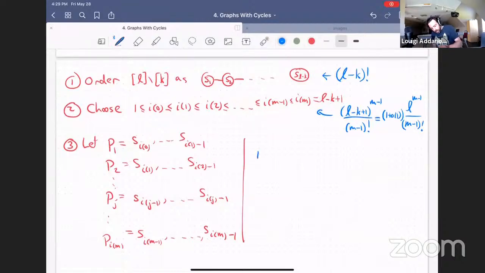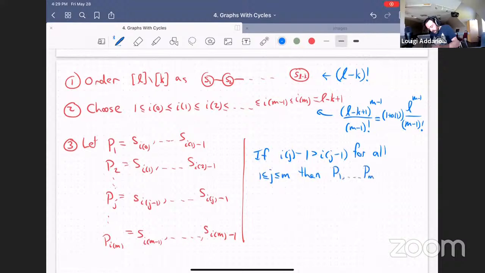Just to make that a little bit more formal: if Ij minus 1 is bigger than Ij minus 1 for all j from 1 to m, then P1 up to Pm are, this is one way, I'm just saying one way for the reconstruction to be valid, but it happens most of the time. So these all have at least 2 vertices, so this vector is valid.